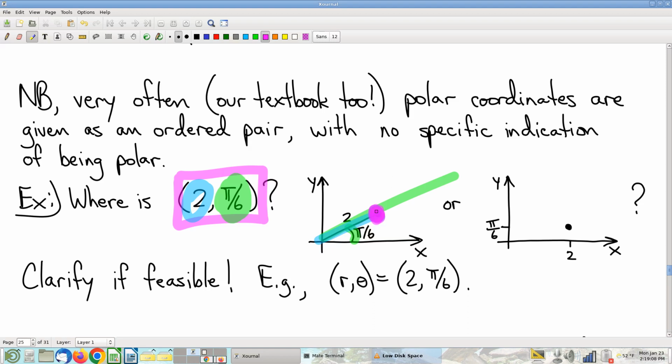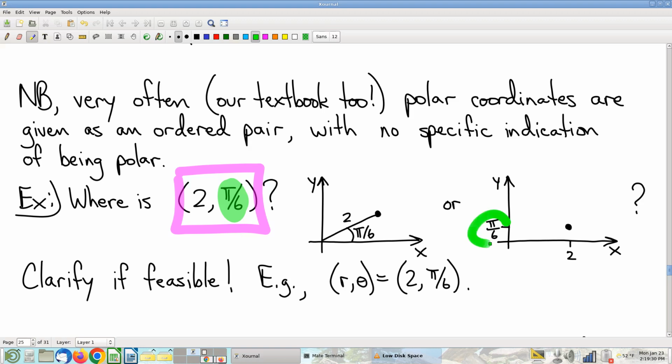But notice what's written here in the box. Nothing about what's in the box actually specifically says that these are polar coordinates. Again, you look at this number here, pi over 6, and you think, well, it looks a lot like an angle, but it's still a real number. And y is perfectly allowed to be any real number.